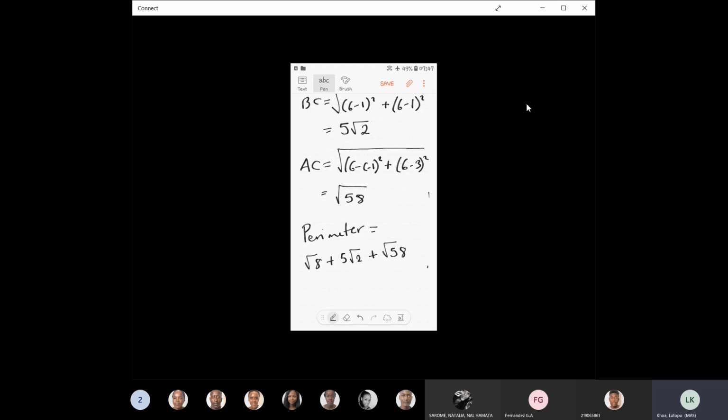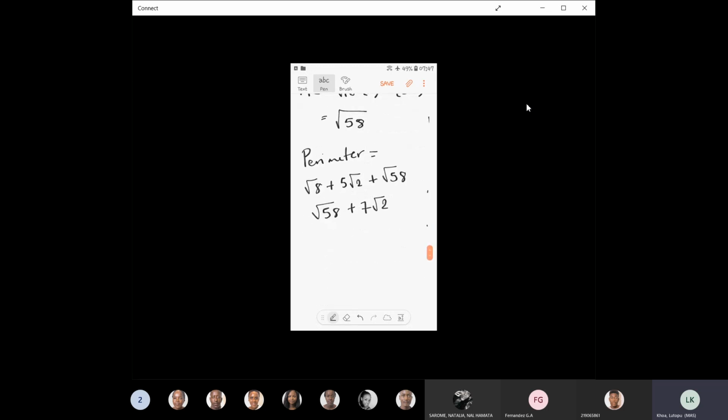Okay, I am getting the square root of 58 plus 7 square root of 2. And you can leave this to 3 decimal places. This is 17.515, and then you put units. Okay, so you must always put units.